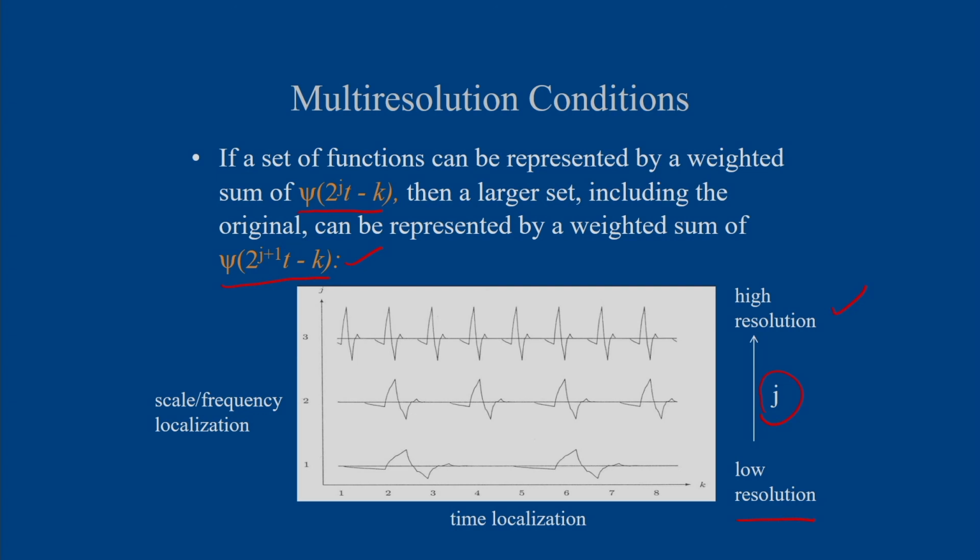So this concept is that a set of functions which can be represented by a weighted sum of the basis function, psi 2 to the power j into t minus k, then a larger set including the original can be represented by a weighted sum of psi 2 to the power j plus 1 into t minus k. So you can see in this figure I am considering a signal at low resolution and high resolution, and the resolution is controlled by the parameter j.